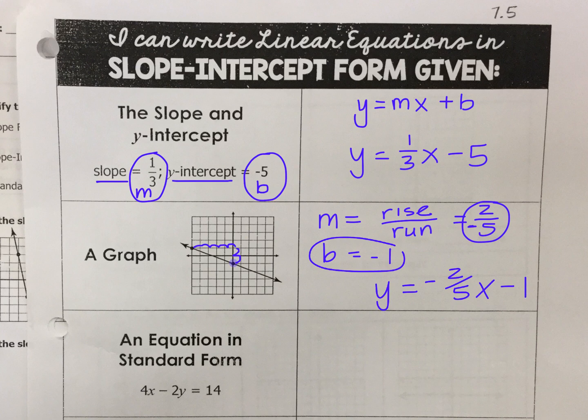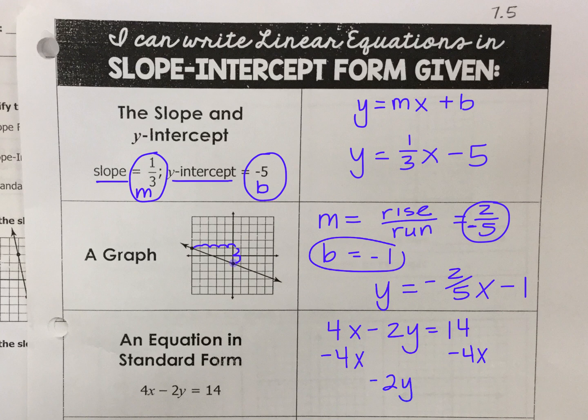The last thing is putting an equation into slope-intercept form. 4x minus 2y equals 14. That means I want the y on one side by itself and everything else on the other side. So I'm going to start by subtracting 4x.